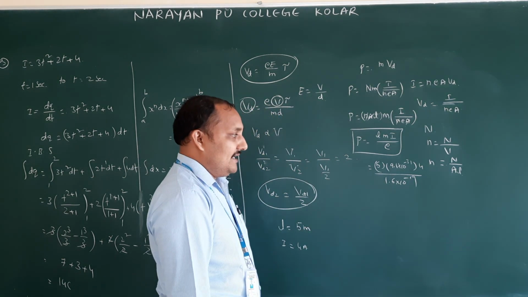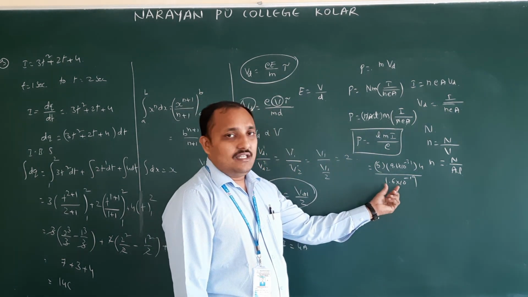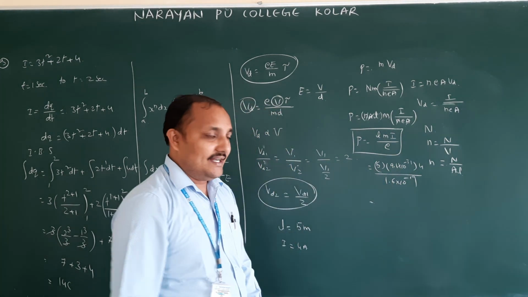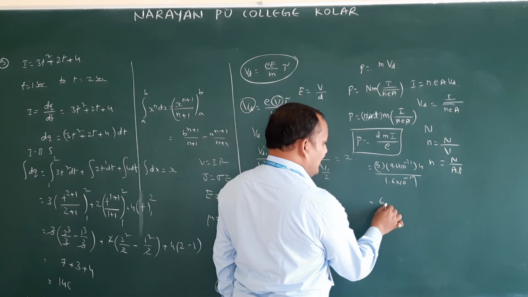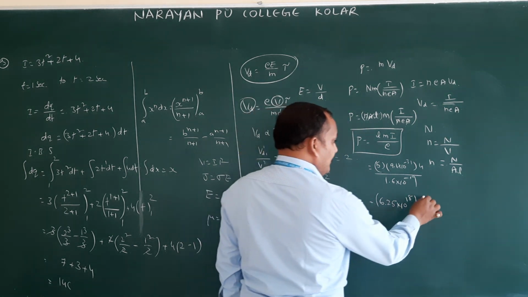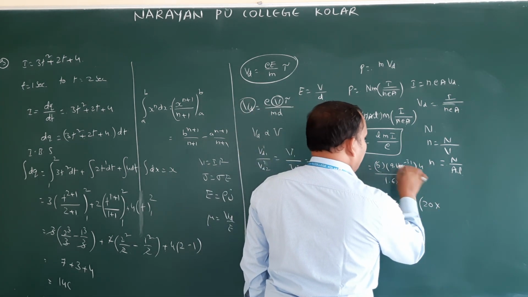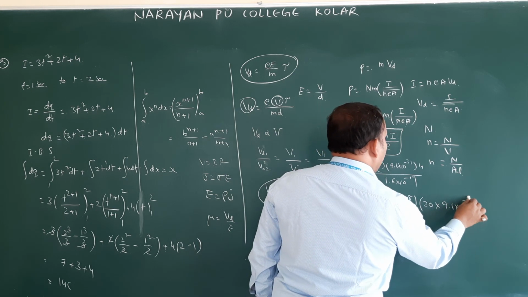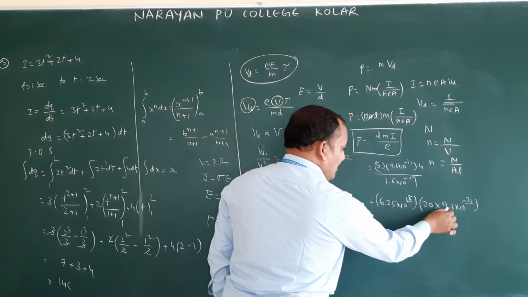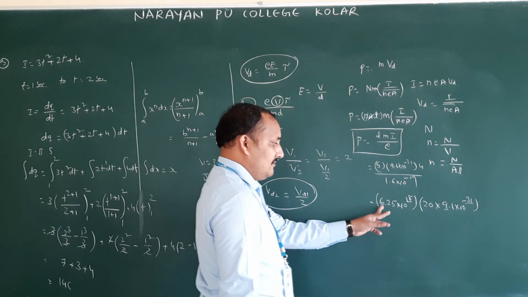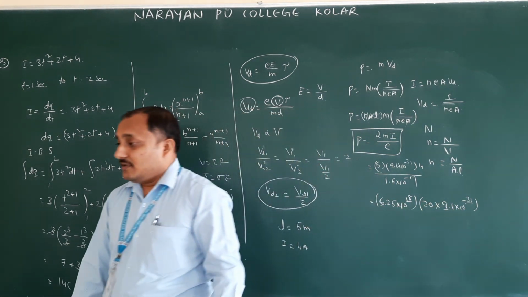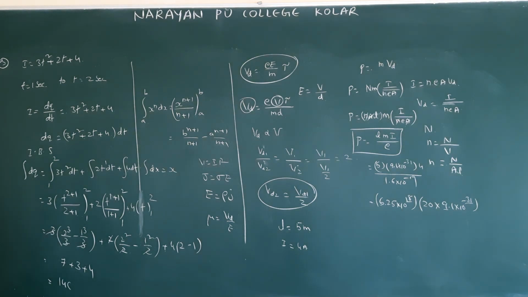So 1 by 1.6 into 10 power minus 19 is 6.25 into 10 power 18, into 5 fours are 20, into 9.1 into 10 power minus 31. So minus 31 plus 18. You can take approximately 9 and 6, because in competitive exams they won't allow calculators. Multiply these and we will get the answer.